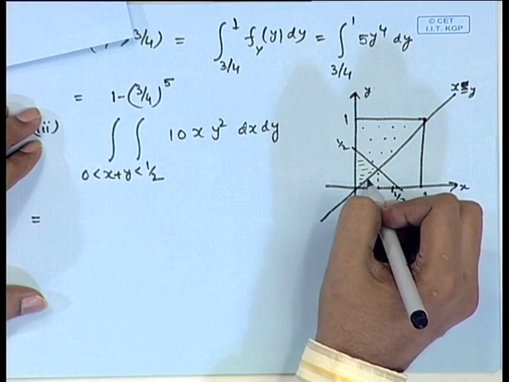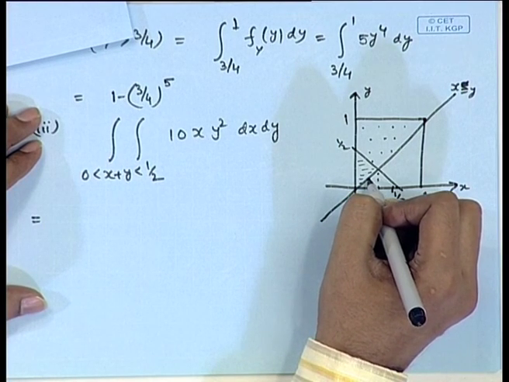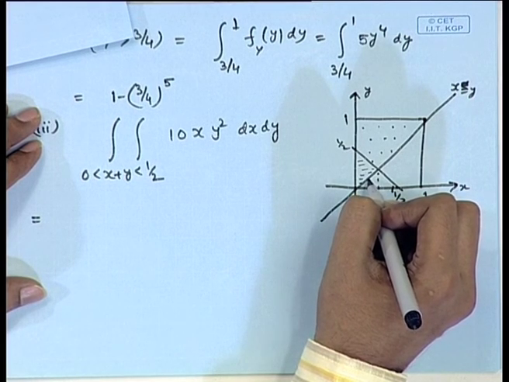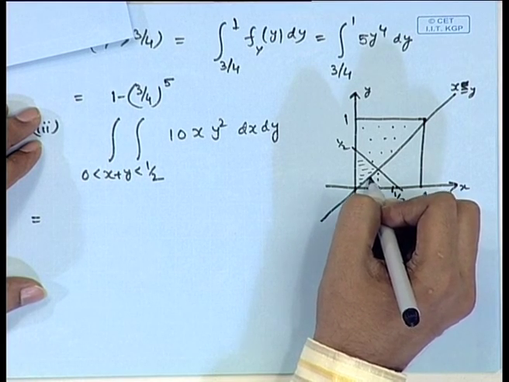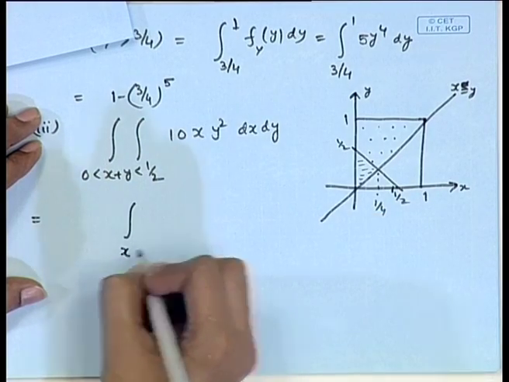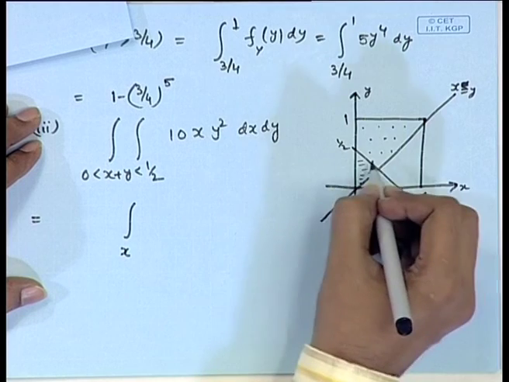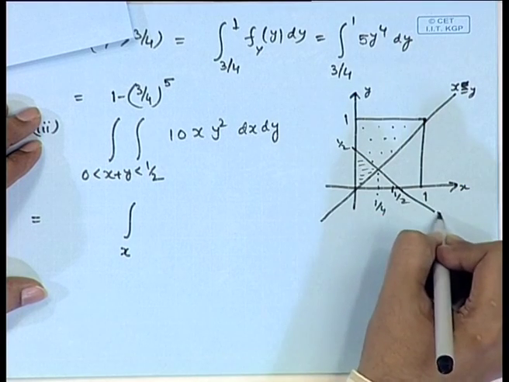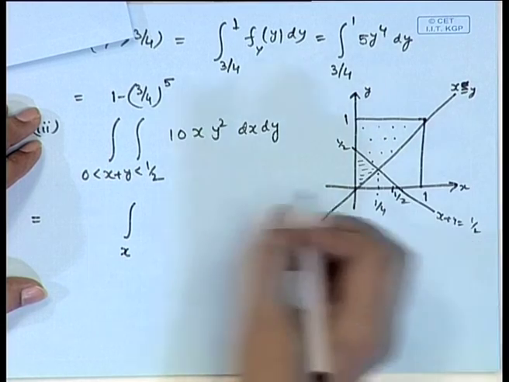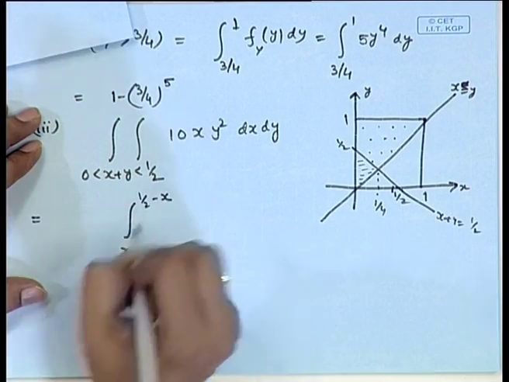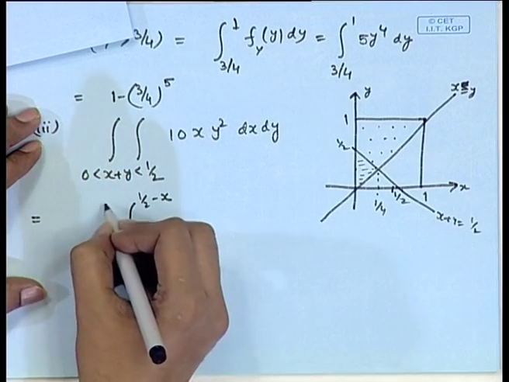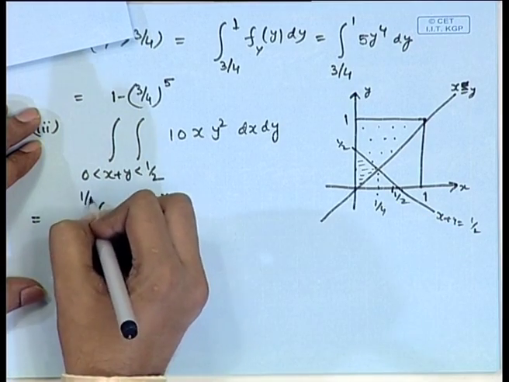If we integrate firstly with respect to y, then the range of integration is from x to, on this line x plus y is equal to half, so y is equal to half minus x, and the range of x is from 0 to 1 by 4.